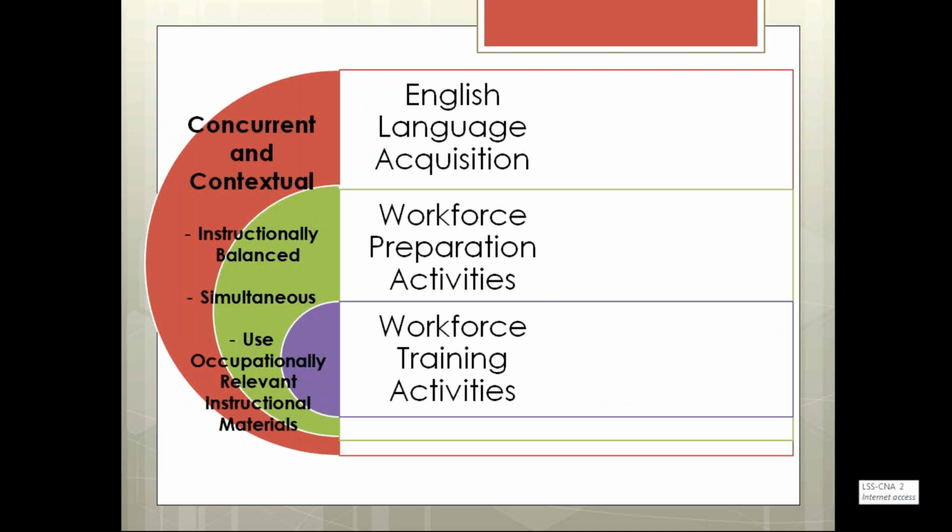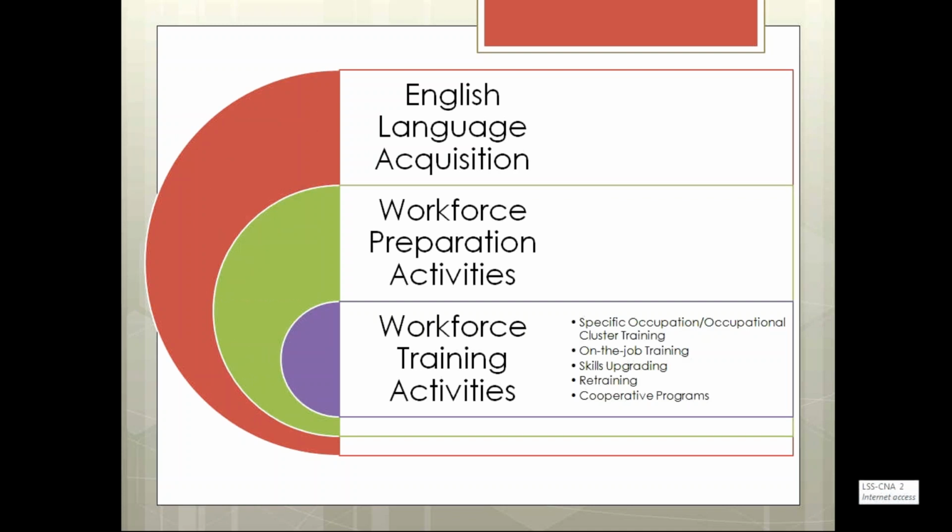Laura, a couple key points that I'd like to offer and get your feedback. It seems to me that there's some overlap in terms of the academic adult education and literacy activities and the workforce preparation activities.